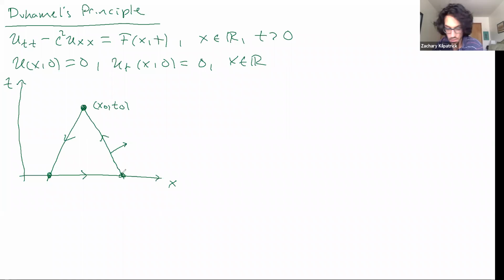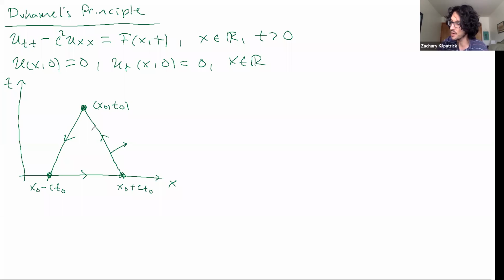So just a reminder, this point is x0, c t0, and it's along t equals 0. This is x0 minus c t0, and then t is equal to 0 at this point. And these are essentially just the characteristics that are coming down from this point. And so that triangle gives you the region that your solution should depend on at that point.